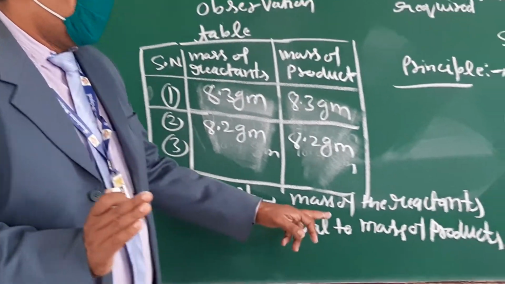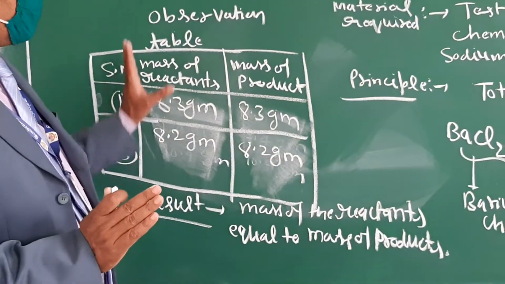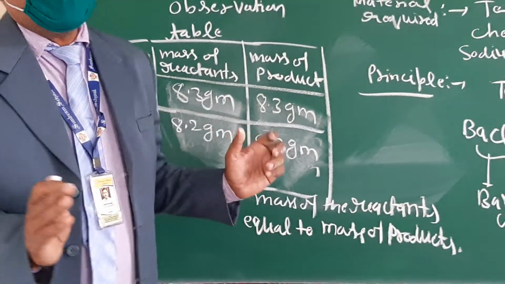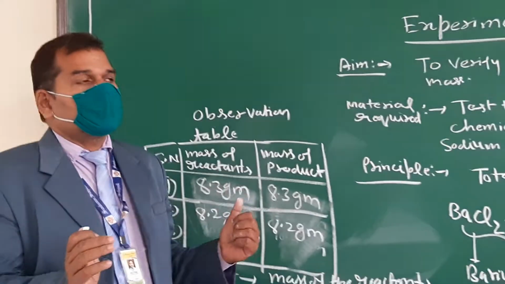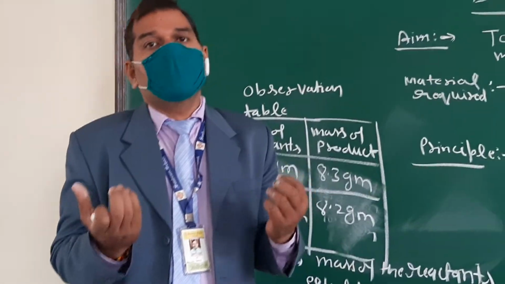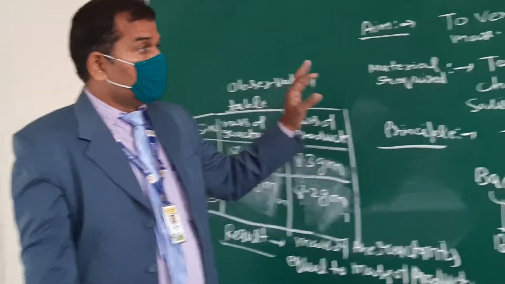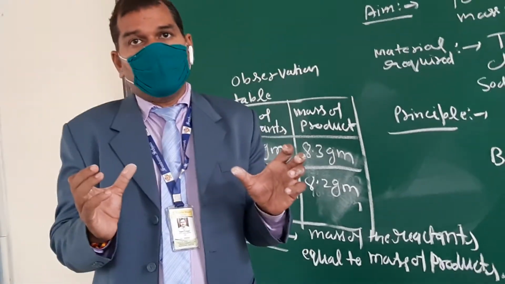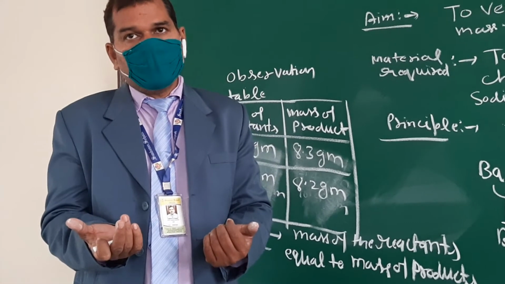This is the result: the mass of the reactants is equal to the mass of the products. Okay, some precautions we will take: if heat and energy are released during the reaction, we use a closed vessel for the practical.